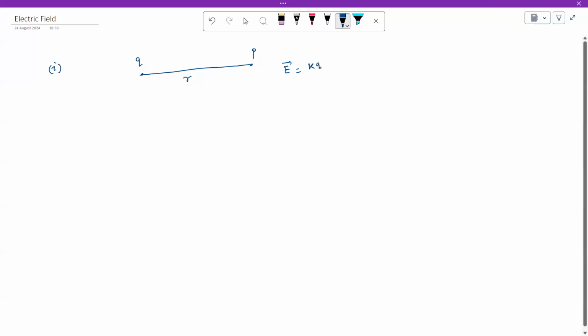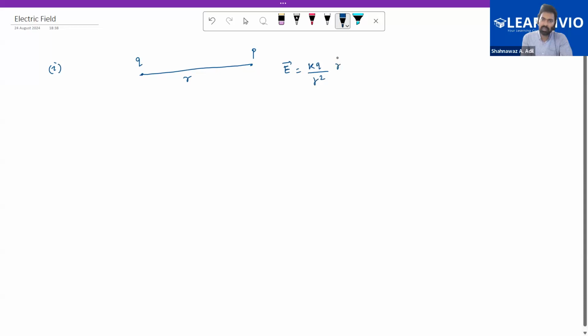That is KQ by R square, along R hat, right?